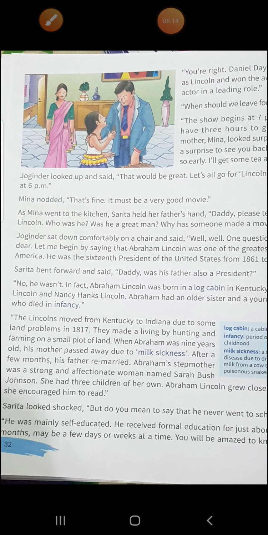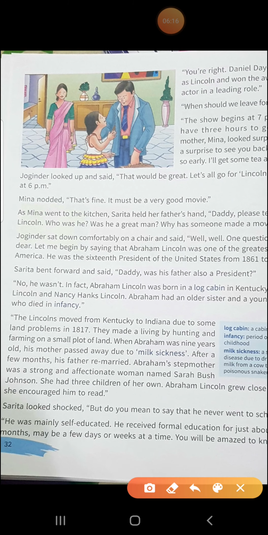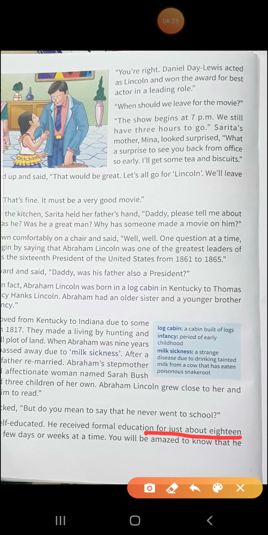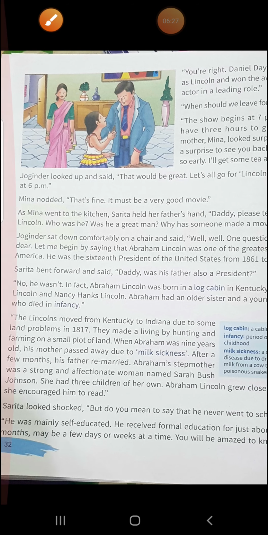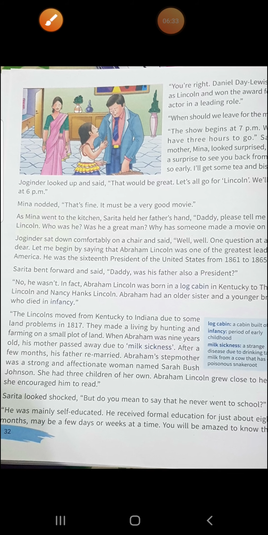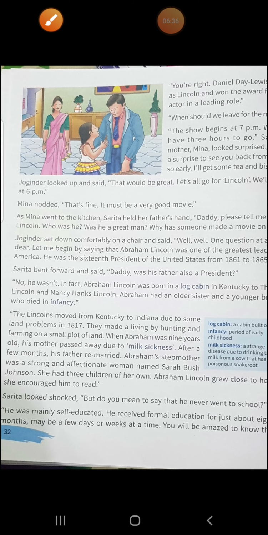Then Joginder said, see what he said. He was mainly self-educated. He received formal education for just about 18 months, maybe a few days or week at a time. So Joginder said that he was mainly self-educated.